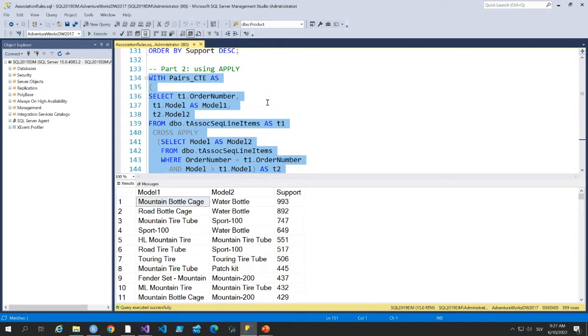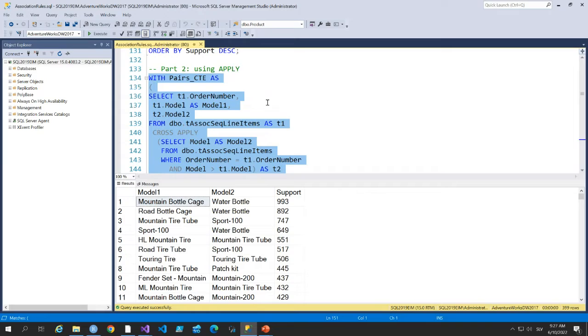But from a performance perspective, with join SQL Server has more possibilities than with apply. With apply, SQL Server will always use nested loops, which in this case makes no difference. Nested loops is the best algorithm in this case.